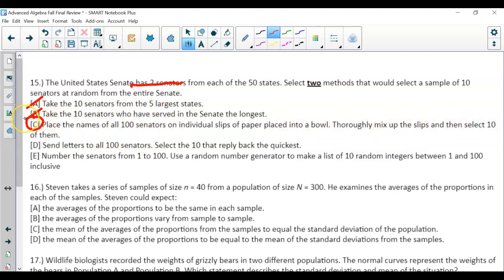So that is one of our answers here. Because again, we're trying to figure out the selecting randomly, but starting with the entire Senate, which you did here. You send letters to all the 100. However, you only talk to or select who replies back the quickest. So that's like a convenience or self-select. So that's why the two answers are C and E. Again, focusing on the 1 to 100 and randomly select from there.